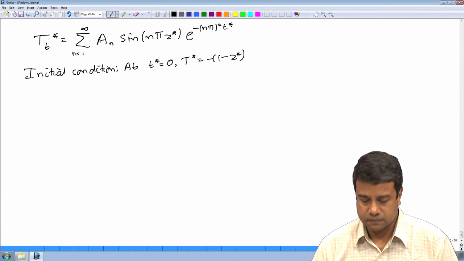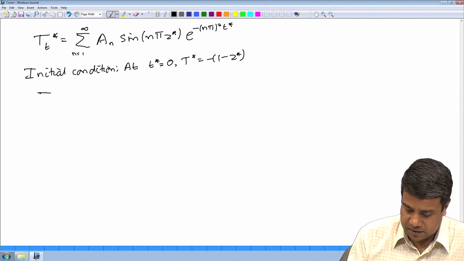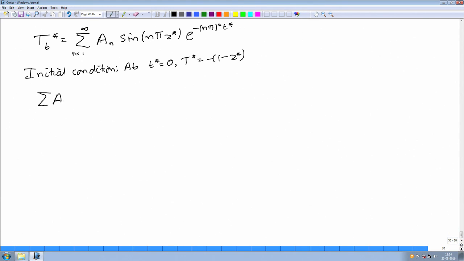So, therefore, I have this summation a n sin n pi z star. At time t equal to 0, the exponential term just becomes 1. So, I just get the summation n equal to 1 to infinity of a n sin n pi z star equal to minus of 1 minus z star.